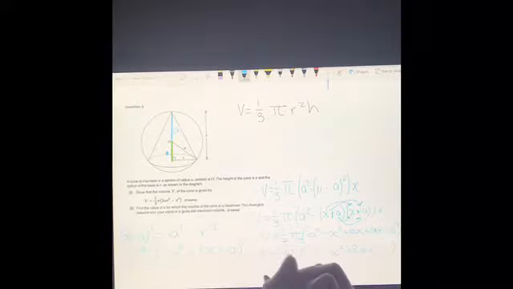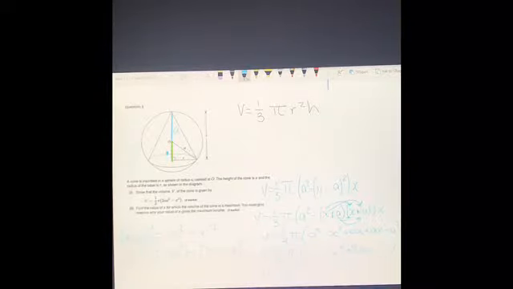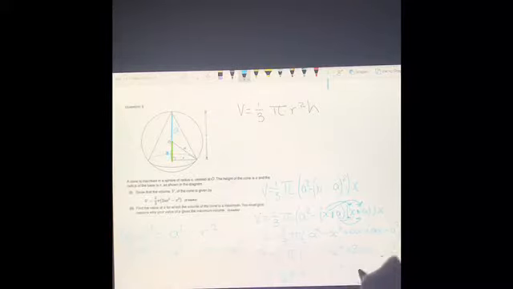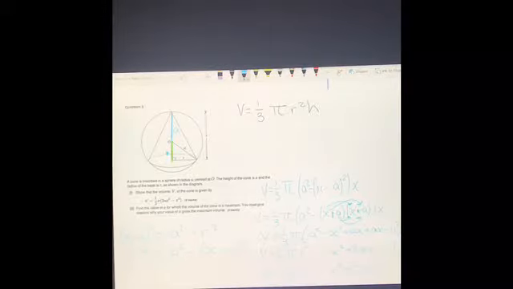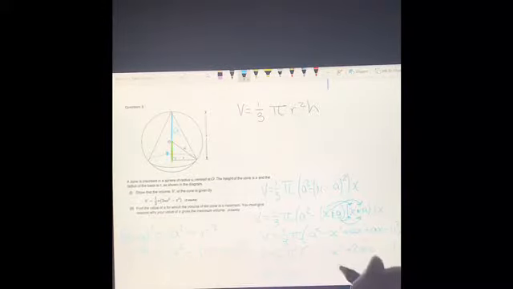And then V equals 1/3 pi, and we're just going to move this x to the front here. And then we're going to times that into here, so that will disappear. Make this a 3, and make this a 2.